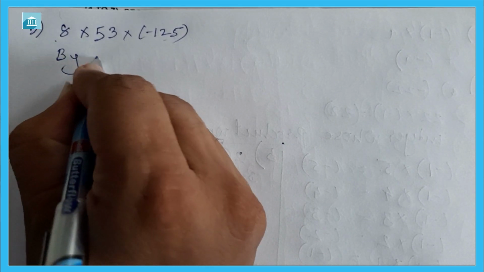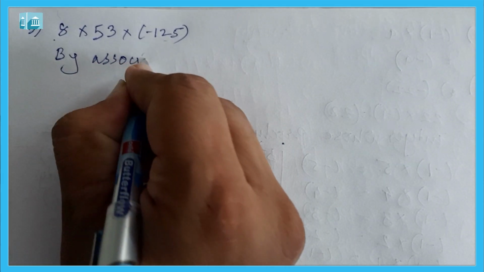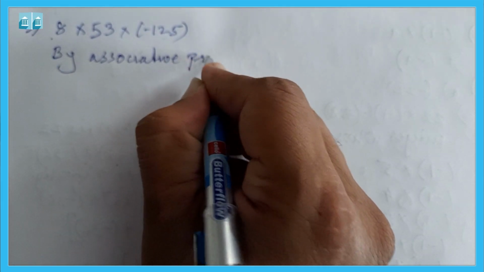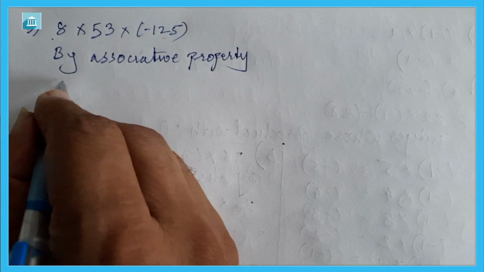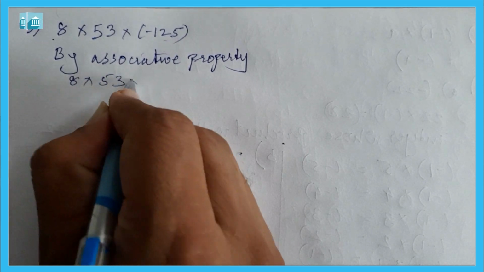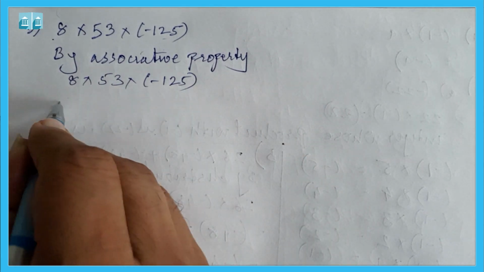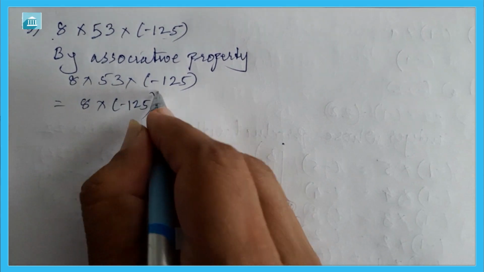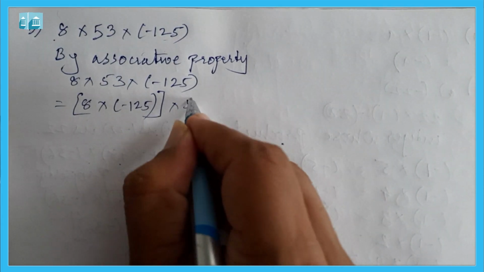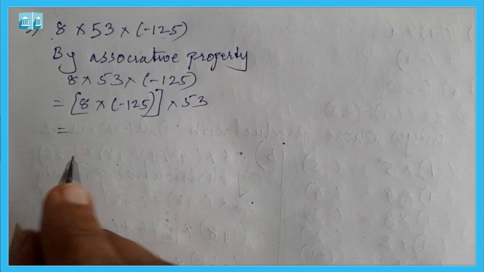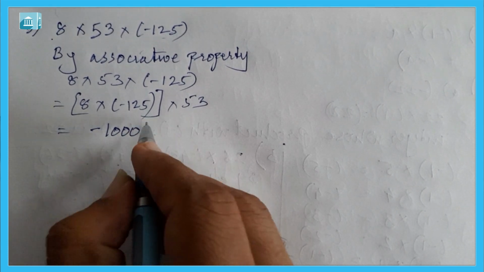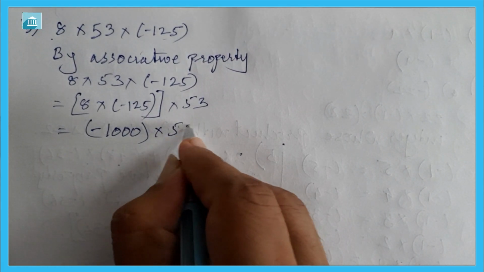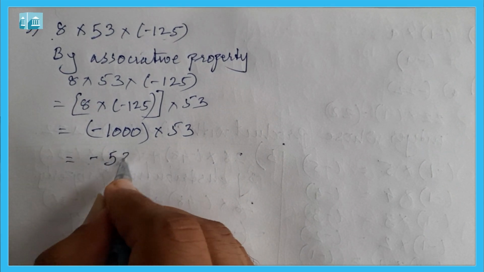So by the associative property, 8 into 53 into -125 is equal to 8 into -125 multiplied by 53. इसका ग्रुप हम कर सकते हैं, इन दोनों का ग्रुप कर दिया हमने, मल्टीप्लाई बाय 53, 8 इंटू माइनस 125 दैट इज इक्वल टू माइनस 1000 इंटू 53, that is minus 53,000.